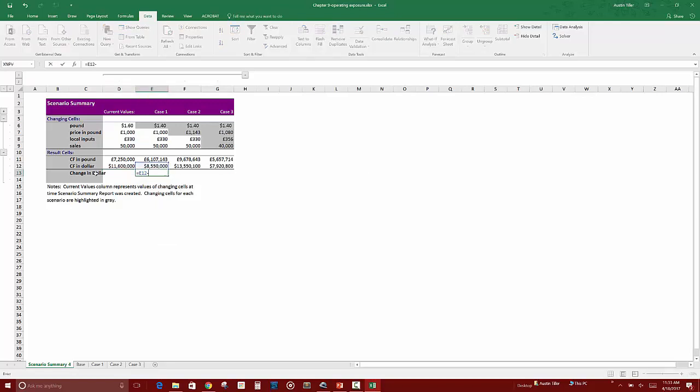So compared to the base case, case 1, when the exchange rate dropped to 1.4, our cash flow dropped $3.05 million. Now for case 2 and 3, I can just drag it over.